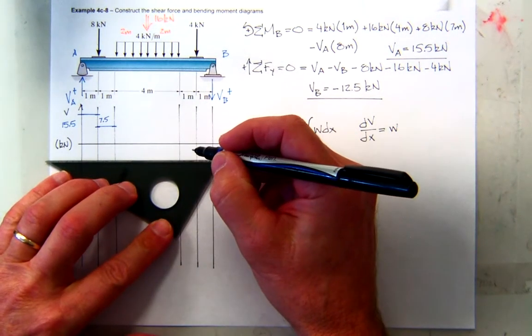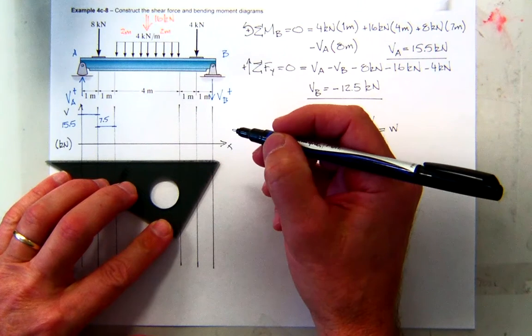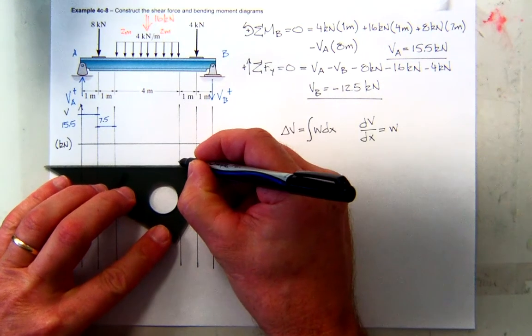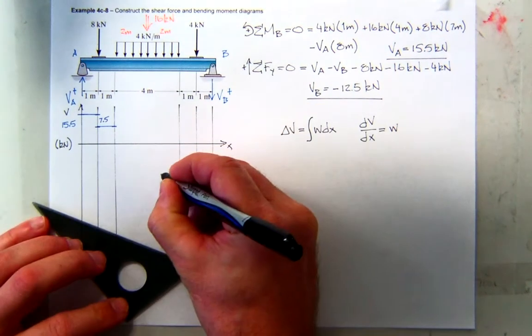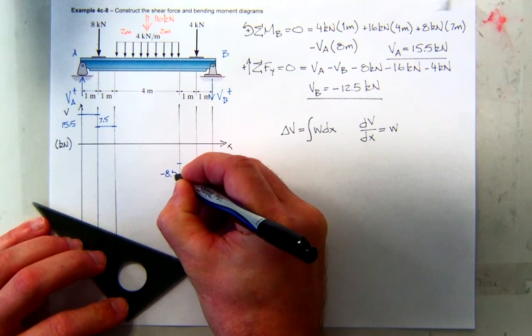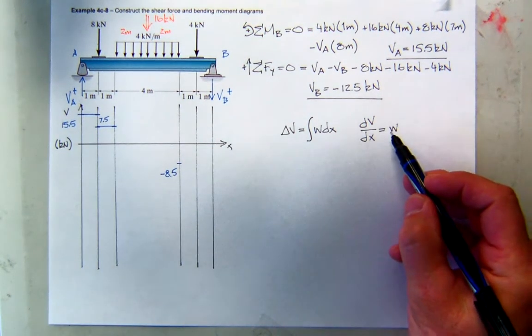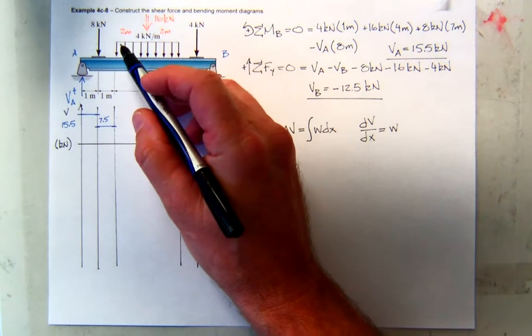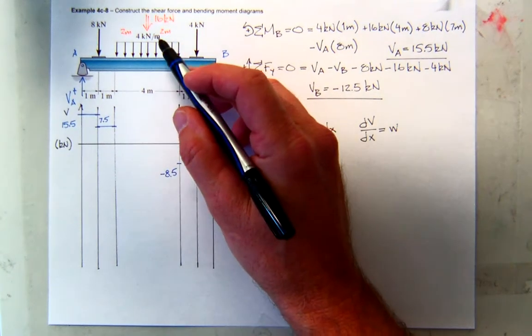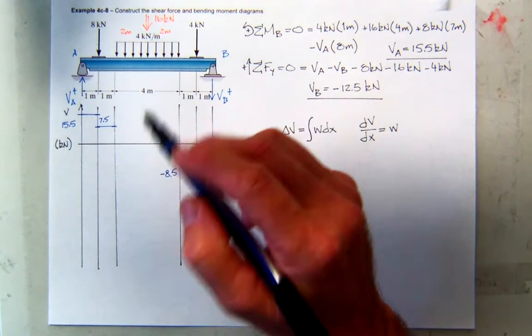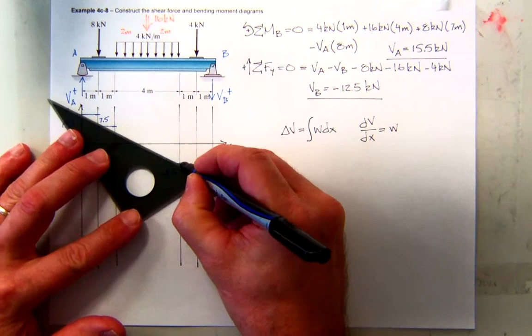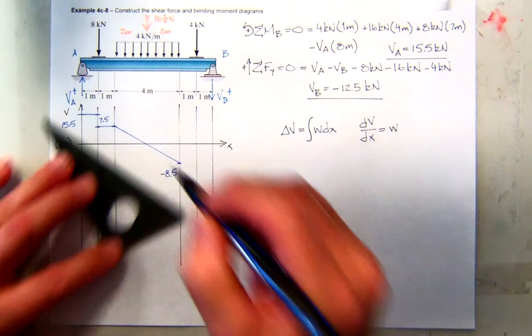What is it? Negative 8.5. And the slope of that curve is given by the load, and the load is constant, equal to 4, and it's negative. So you're going to get a constant negative slope.